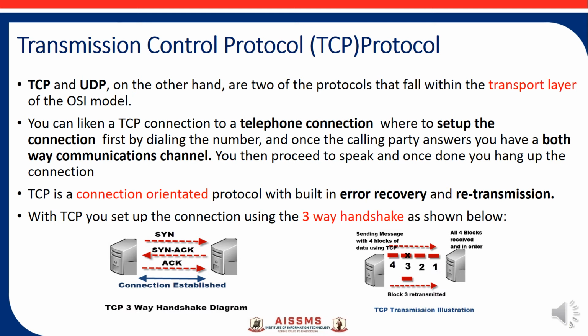During communication, we assume block 3 is lost. In that case, the sender will retransmit block 3, or you can say packet 3. So this is the error recovery and retransmission. That's why we say that TCP is a reliable communication.